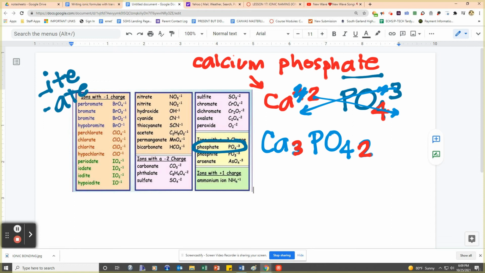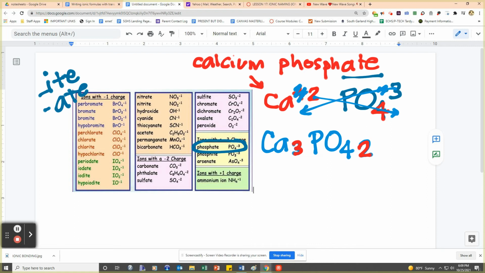But if you look closely, the answer looks like Ca3PO42, right? So how can we make sure that we know that the PO4 is actually separate from that 2? That the 2 actually tells you that there are 2 PO4s? We have to use a parentheses.